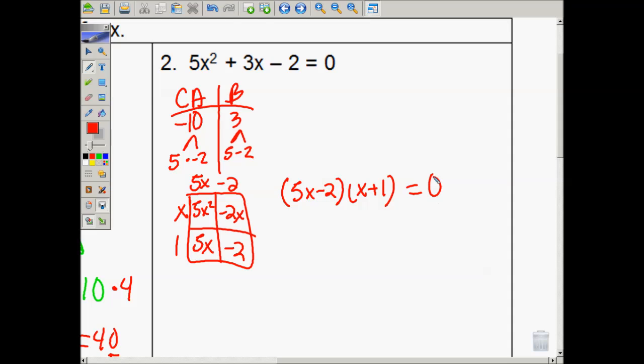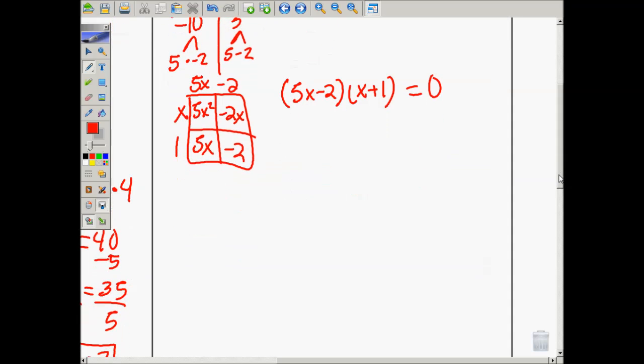All right, now that I have 2 factors, what that means is that mathematically it's okay for me to separate them, as long as I'm making both factors equal 0. So I can have 5x minus 2 equals 0, and I can have x plus 1 equals 0.